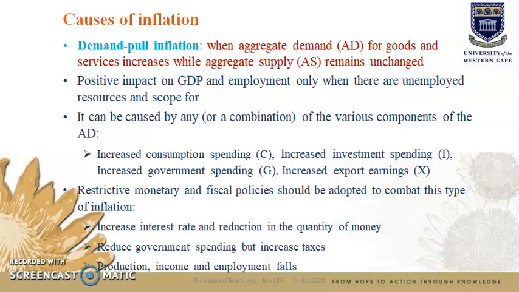The excess demand increases or pulls up prices of goods and services. Demand pull inflation is caused by a combination and/or any of the various elements of aggregate demand. It has a positive impact on gross domestic product and employment, given that there exist unemployed resources in the economy.